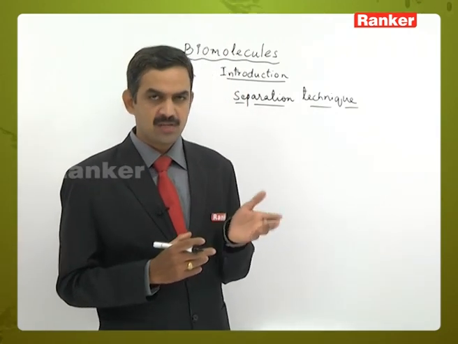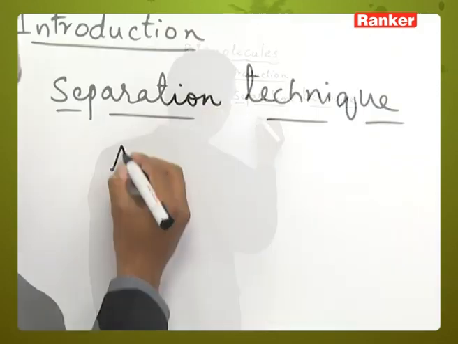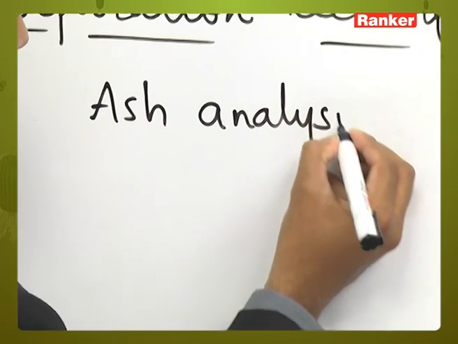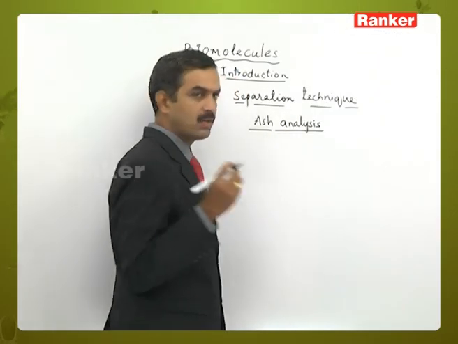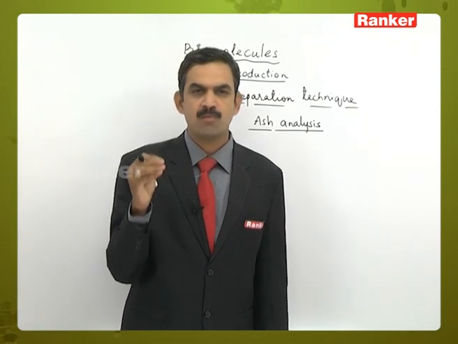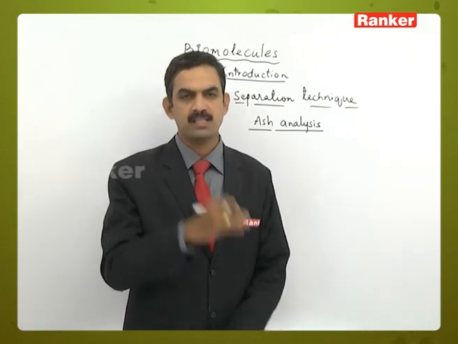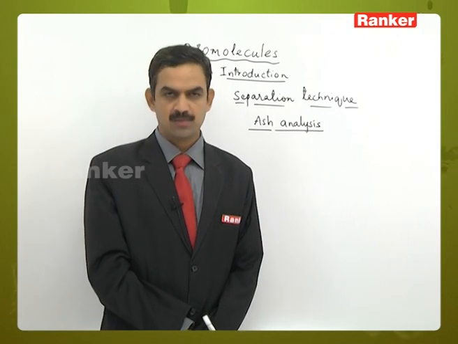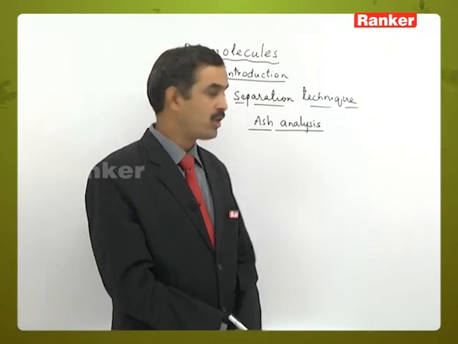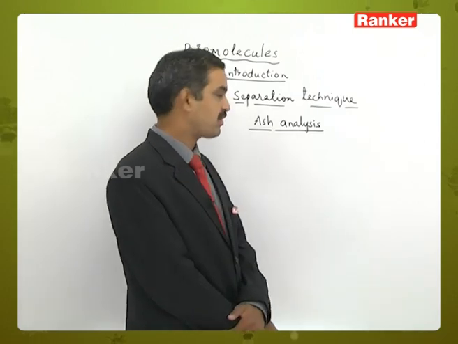After separation technique, we have to go for ash analysis, so that we can know what is the actual element, what is the actual compound, what is the actual molecule, ion that is present in that particular substance or the particular part of a plant body or an animal body. So that is done by ash analysis.